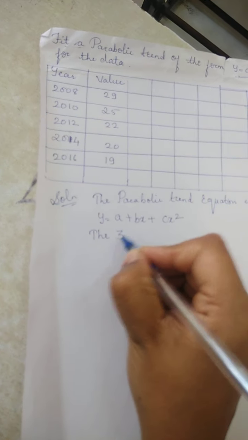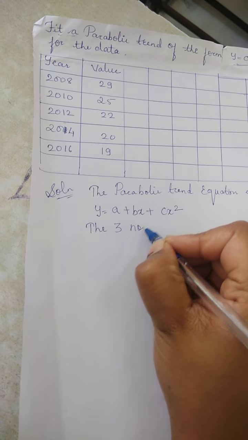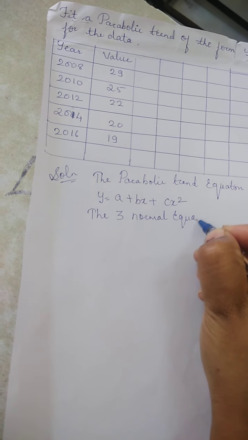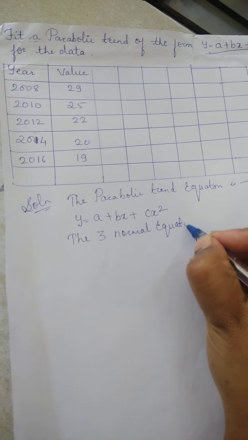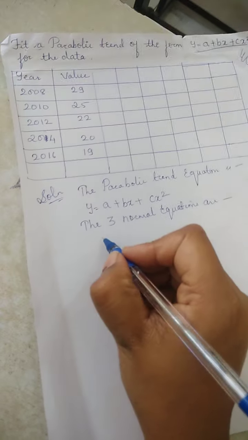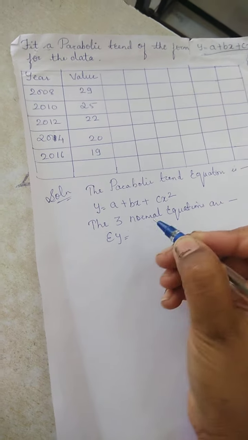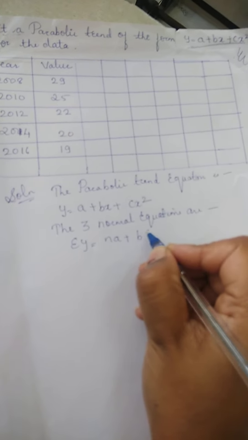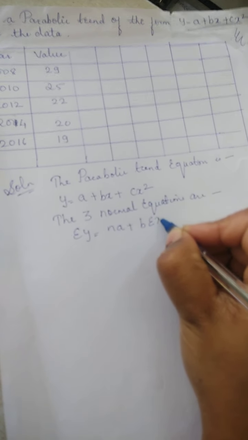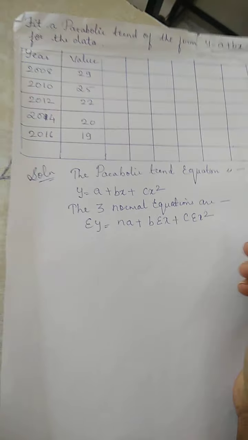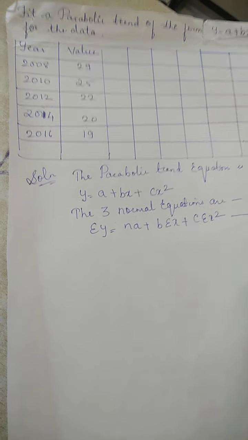The three normal equations are: summation y is equal to na plus b summation x plus c summation x square. So this is the first normal equation.